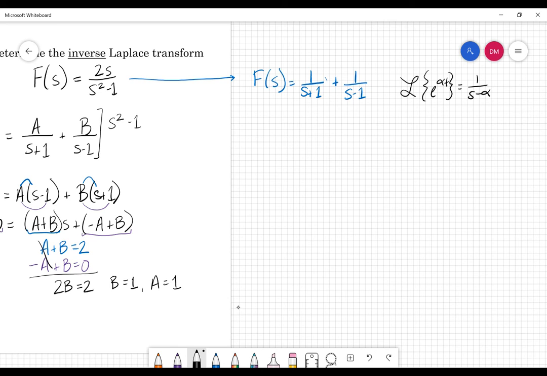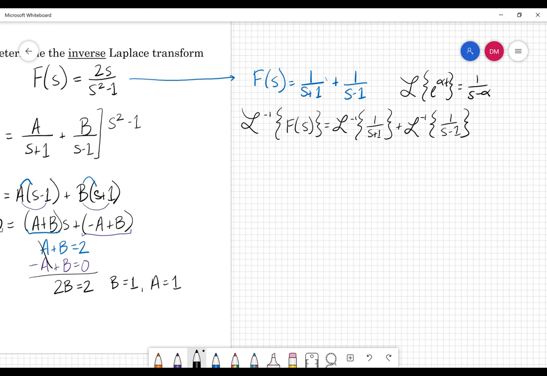And that's where this fits into that, okay? So basically, the way this looks is that I perform the inverse Laplace to everything. I take the inverse Laplace of capital F of s, and I take the inverse Laplace of 1 over s plus 1, and I do it to 1 over s minus 1.